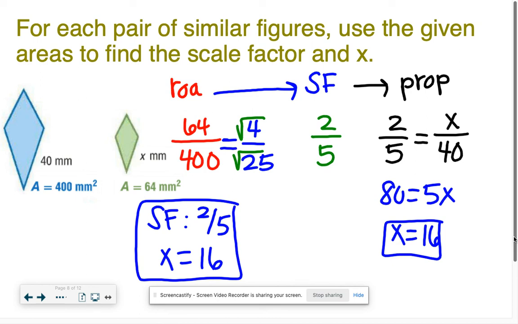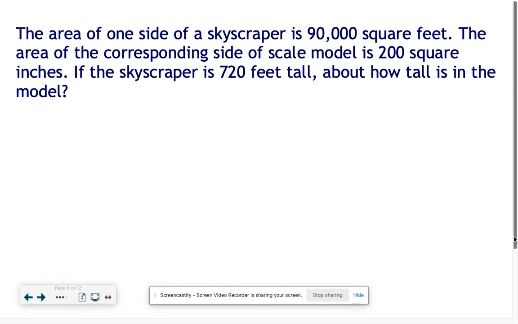Okay, last one here on the bottom, kiddos. The area of one side of a skyscraper is 90,000 square feet. The area of a corresponding side of a scale model is 200 square inches. If the skyscraper is 720 feet tall, about how tall is the model? Okay, can you draw out a picture?